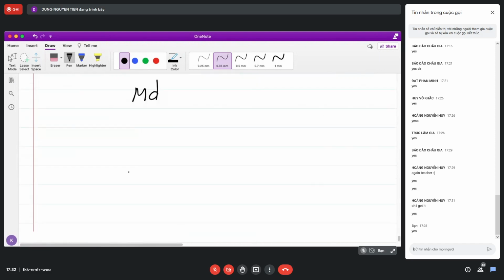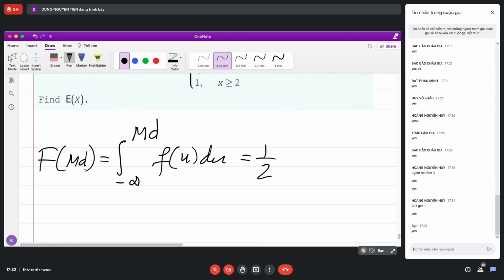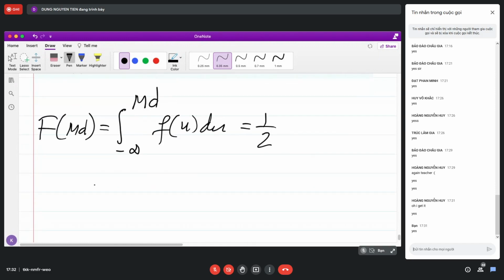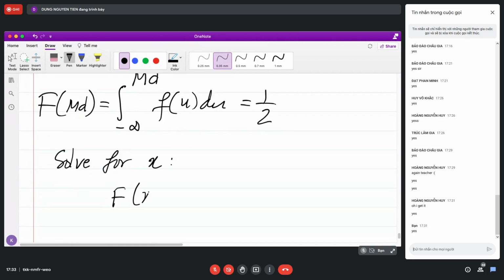So I want to find the point such that the integral from -infinity to that point of f(u) du is 1/2, and it is the point such that the capital F of MD equals 1/2. Therefore, in order to find MD, I need to solve for x such that F of x is 1/2. This is what I need to do if I have the capital F.